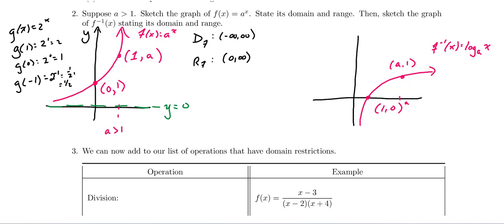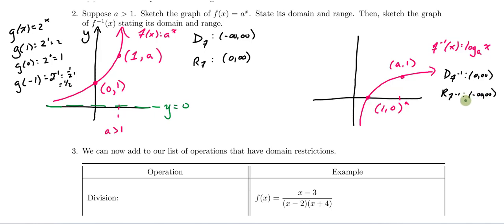And also with that domain-range flip-flop, the domain of f inverse would be the range of f. So the domain of this inverse function is from 0 to infinity. Likewise, the range of this logarithmic function, we know from our construction of inverses, is just going to be the domain of f. So this is from minus infinity to infinity.